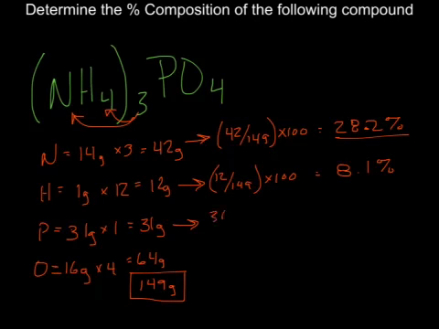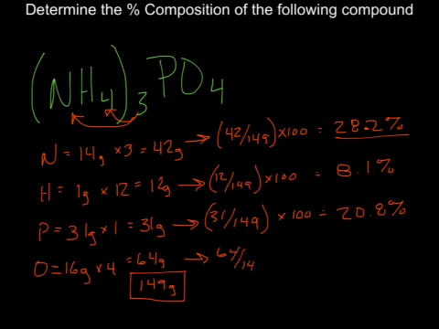Phosphorus is 31 divided by 149 times 100 gives us 20.8%. And oxygen is 64 divided by 149 times 100 to give us 42.9%.